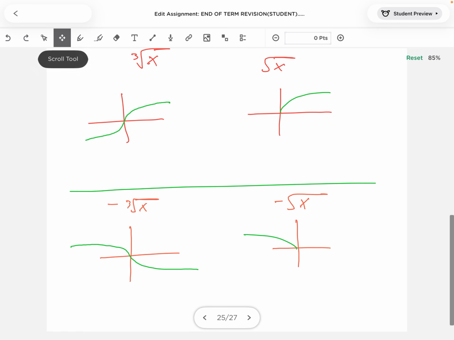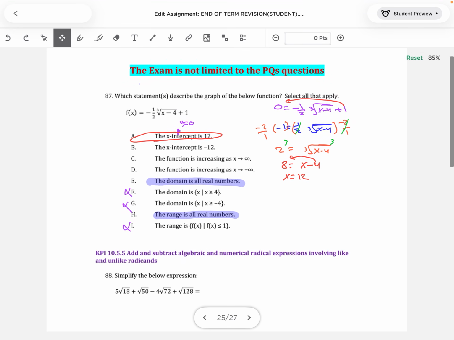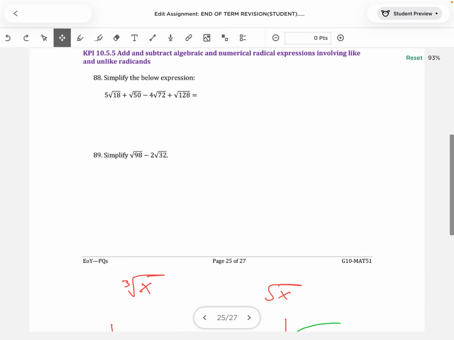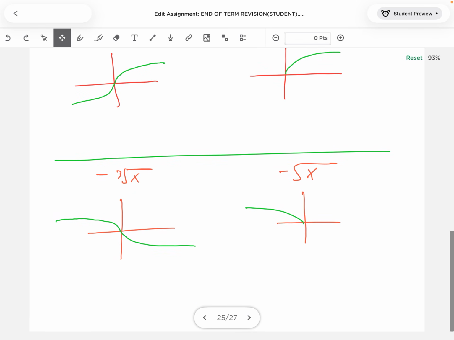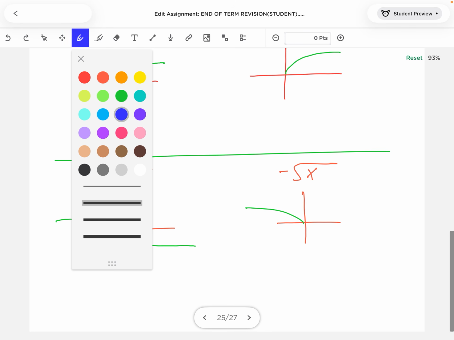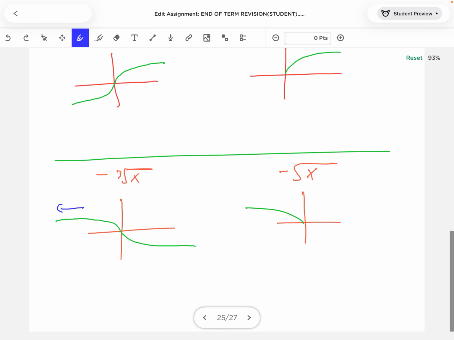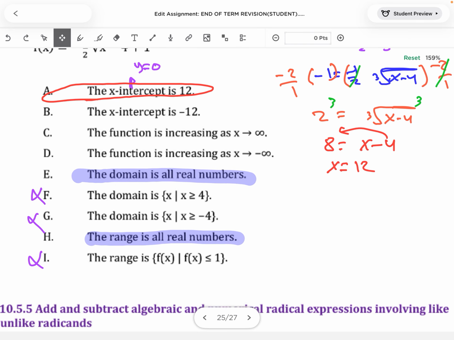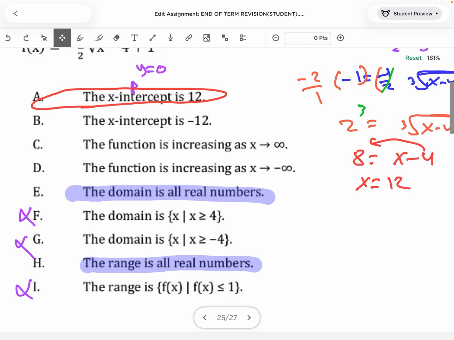Now my function is negative third root. That means we are talking about this case: when we are going to the left, the function is moving up. Right, the function is going down. So they said the function is increasing to the left or right.